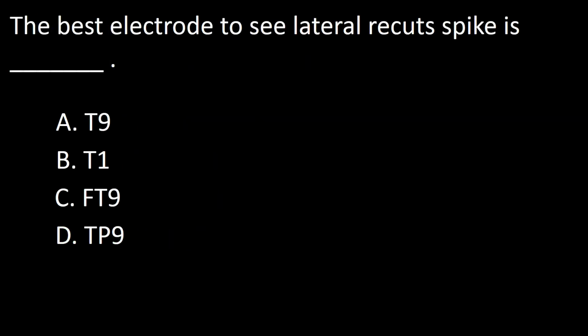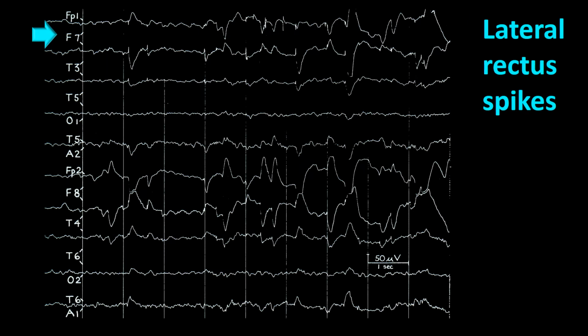Next question. The best electrode to see lateral rectus spike is A. T9, B. T1, C. FT9, D. TP9. In this frame, you can see a lateral rectus spike, or multiple lateral rectus spikes, from F7 and also from F8.